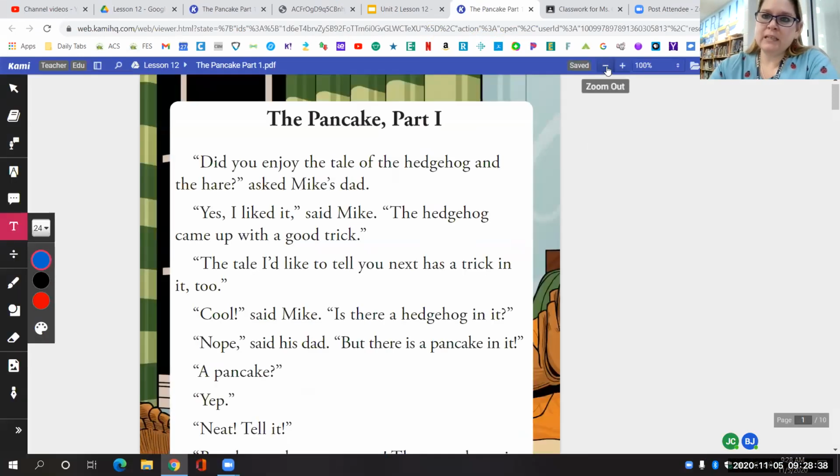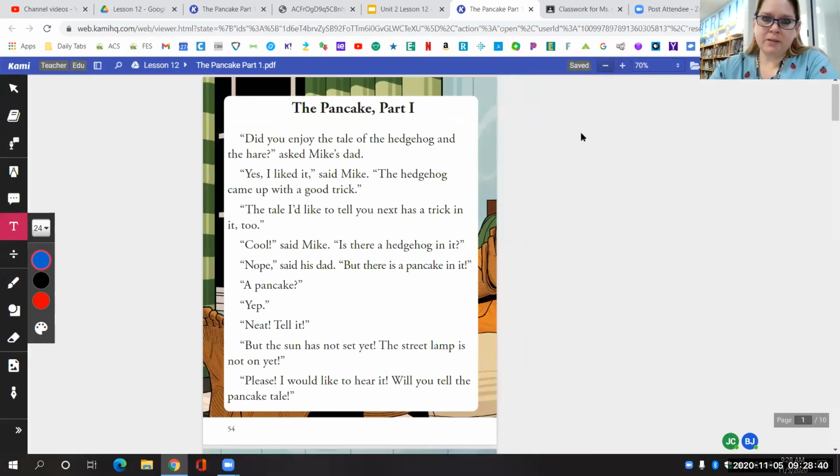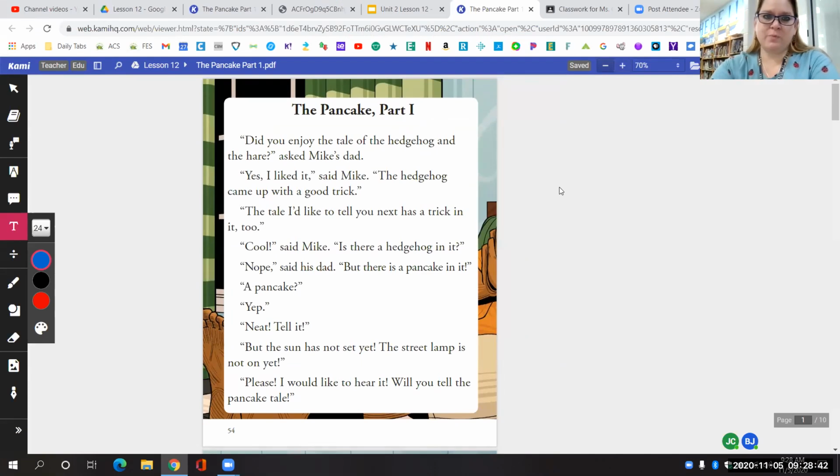Make sure you're listening and following along with me and make sure that we can see the whole page, okay? The Pancake, Part 1. Did you enjoy the tale of the hedgehog and the hare? Asked Mike's dad. Yes, I liked it, said Mike. The hedgehog came up with a good trick. The tale I'd like to tell you next has a trick in it too.